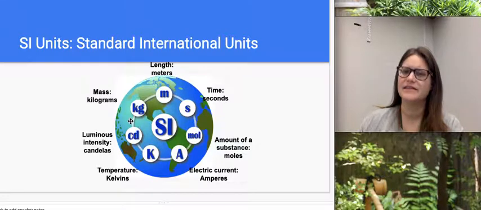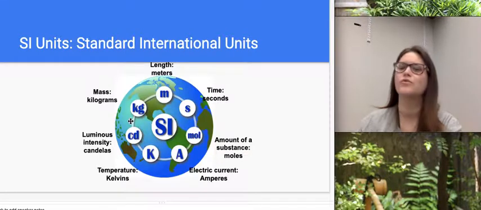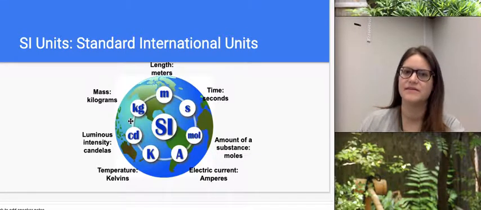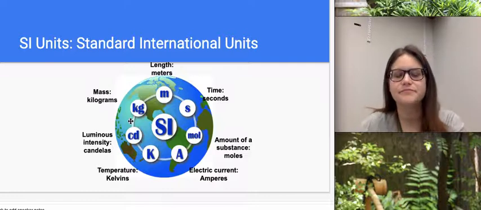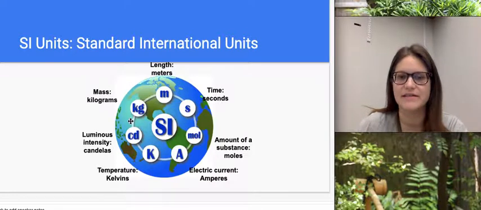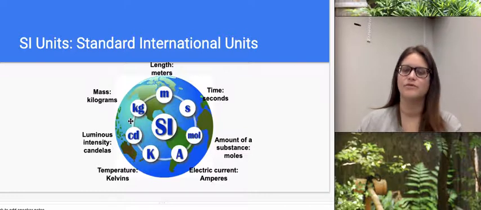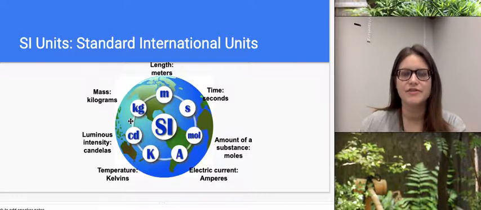It's 6 times 10 to the 23rd, and we're going to talk more about what that means in a later lesson. Electric current is in amperes, or you might be more familiar with amps for electricity. Temperature is in kelvins, which is similar to Celsius, but we'll talk more about what kelvins are as opposed to Celsius in a later lesson.